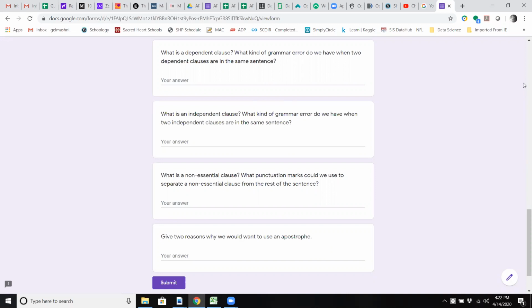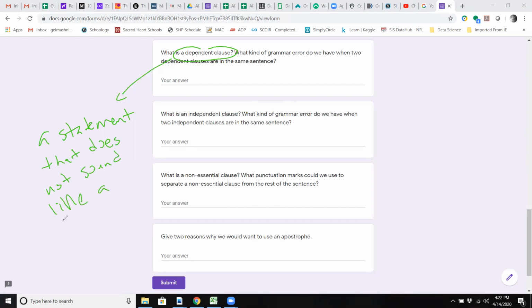A dependent clause is basically a statement that does not sound like a complete sentence. So essentially it's a fragment.